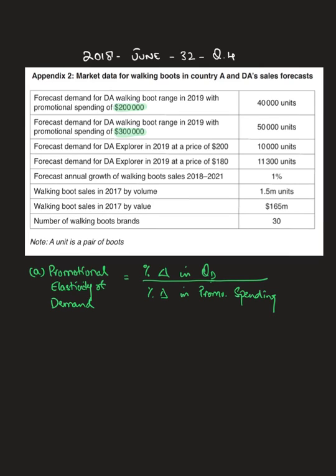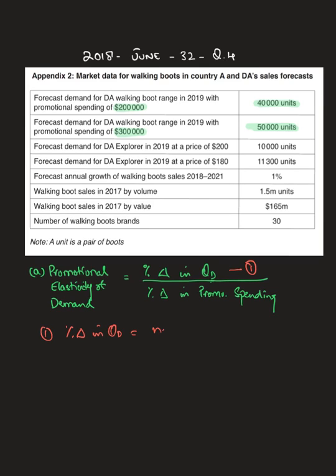So old is $200,000 and the new is $300,000. And given that promotional spending, the quantity demanded changed from 40,000 to 50,000. So the first thing you need to do is find the percentage change for quantity demanded and the percentage change for promotional spending. How do you find the percentage change in quantity demanded?